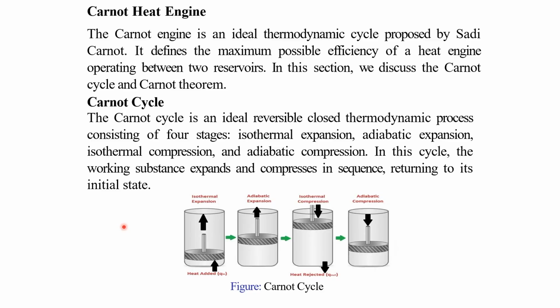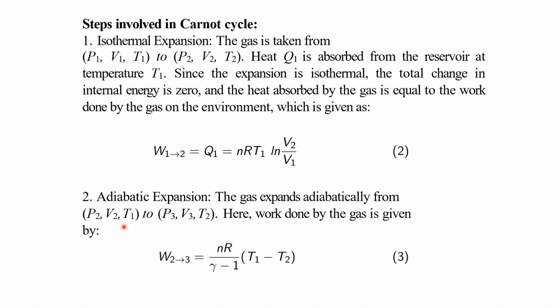So what are the steps involved in the Carnot cycle? First is isothermal expansion. The gas is taken from P1 V1 T1 to P2 V2 T2. Q1 is heat absorbed from the reservoir at temperature T1. Since the expansion is isothermal, the total change in internal energy is 0 because we are considering an ideal gas.